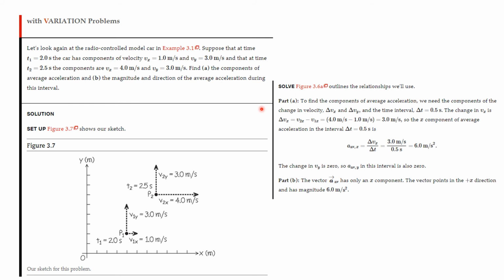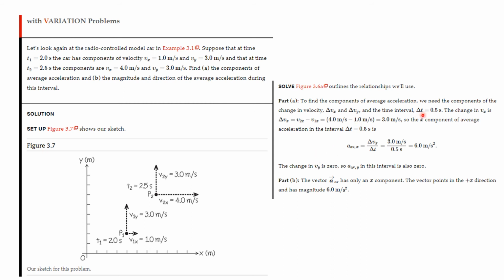To find the components of the average acceleration, we need to find the components of the change in velocity. The change in Vx is 4 meters per second minus 1 meter per second, which is 3 meters per second. That is delta V in the x direction.